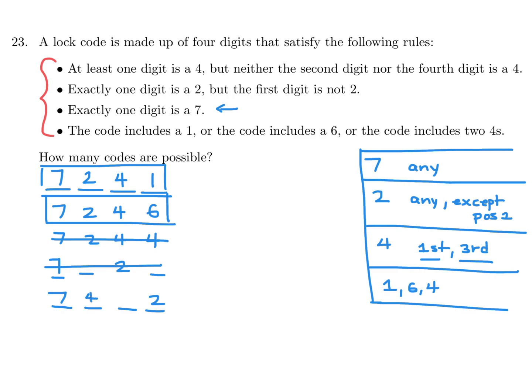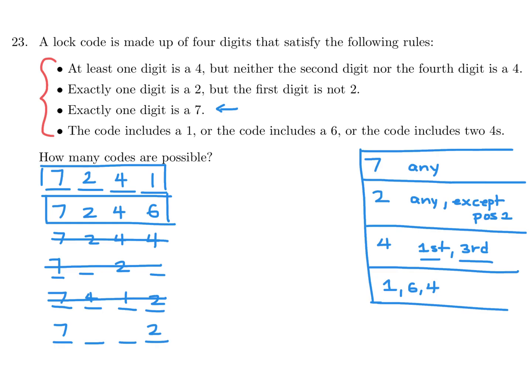The 4 can therefore go there, and that could be a 1. Correct? And are there any other numbers I can create? Oh, because this number is also a dud. Because the 4 cannot go in the second position. See what happens? So we got to be careful that we make sure we follow all the rules.